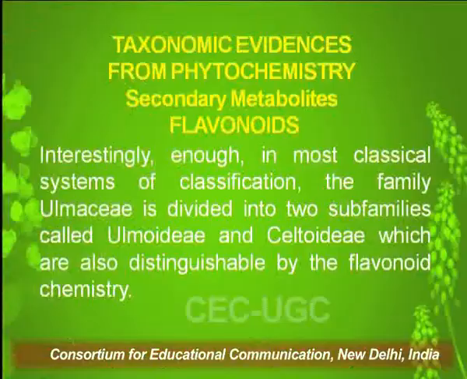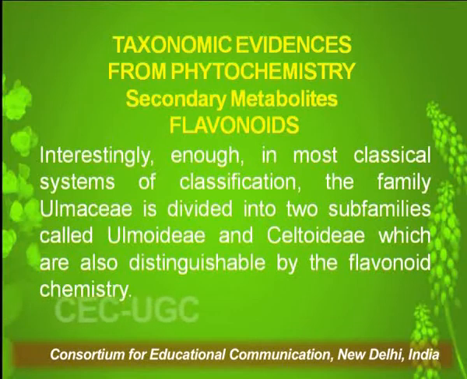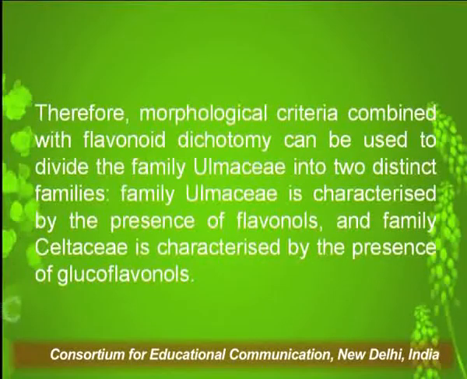Interestingly enough, in most classical systems of classification, the family Ulmaceae is divided into two subfamilies, that is, Ulmoideae and Celtoideae, which are also distinguishable by this flavonoid chemistry. Therefore, morphological criteria combined with the flavonoid dichotomy can be used to divide the family Ulmaceae into two distinct families.